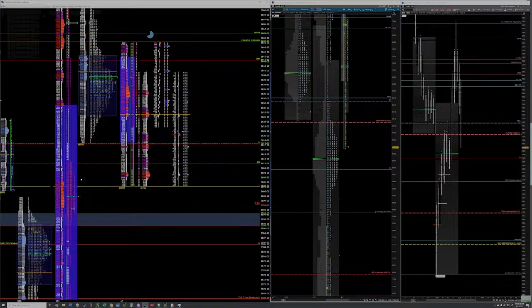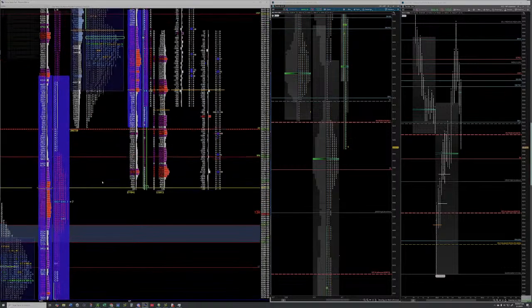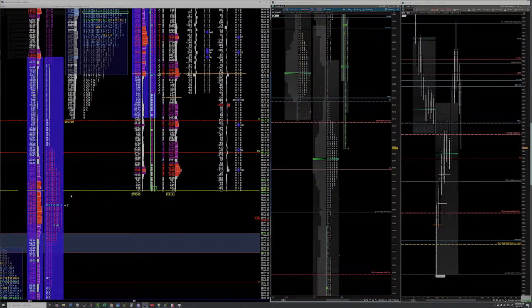Look at where it's stopping. It comes down, pulls back. Look at where it stops here. If there is serious selling here, it will not stop there. It will just keep going like a hot knife through butter. And we have POC now.